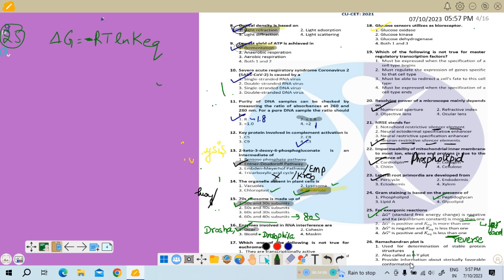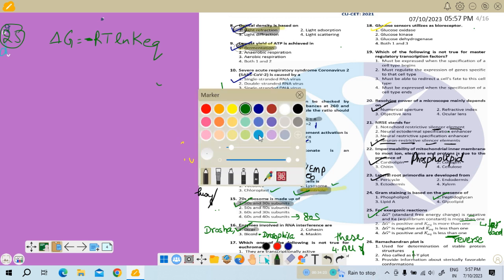The C option provides information about sterically favorable conformations. D is all of these. Fourth is all of these. Used for determination of stable protein structures.